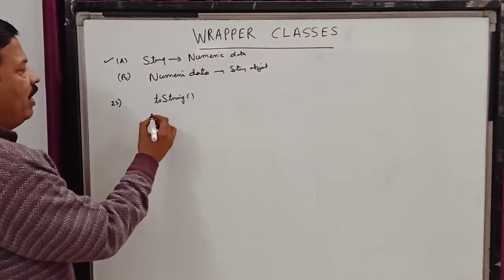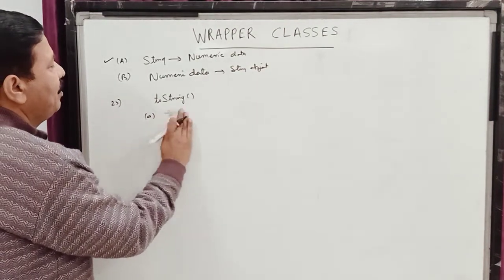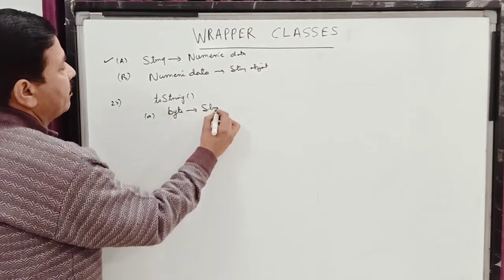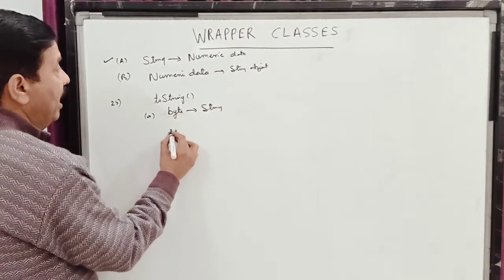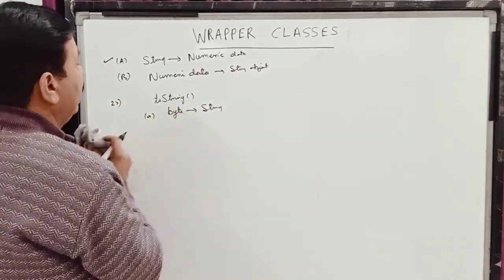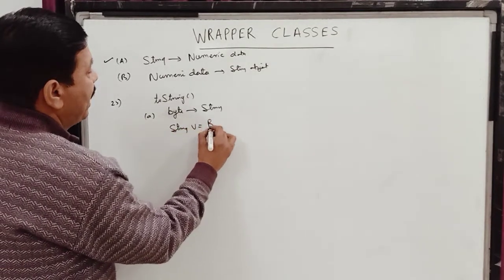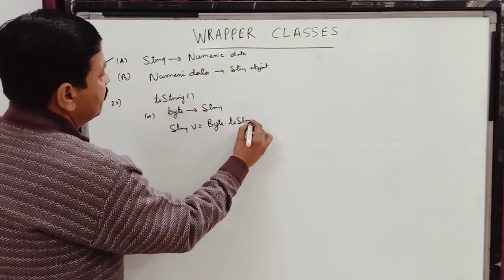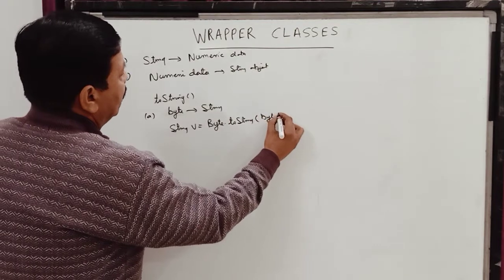Say I want to convert a data, say my data type is byte, and I want to convert it to string. So what I'll do is, I'll write, sorry children, string v is equal to Byte.toString, and you will have any byte value which is stored over here.